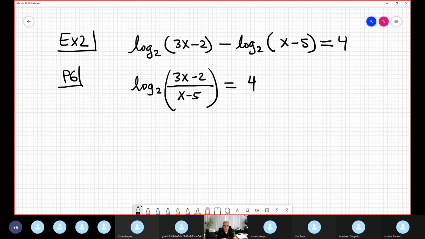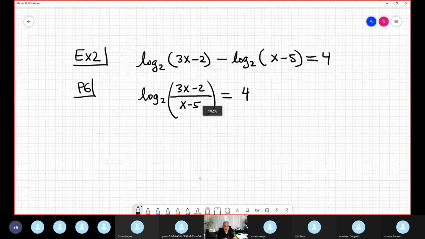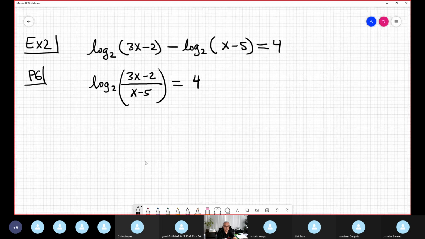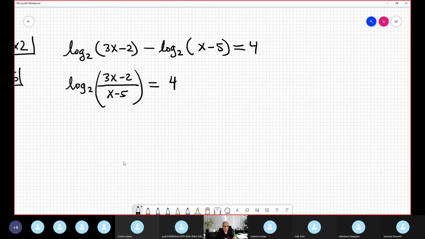Now you convert to exponential. You convert this statement to exponential. Who can help me? What is the base? In your opinion, what number is the base? 2.